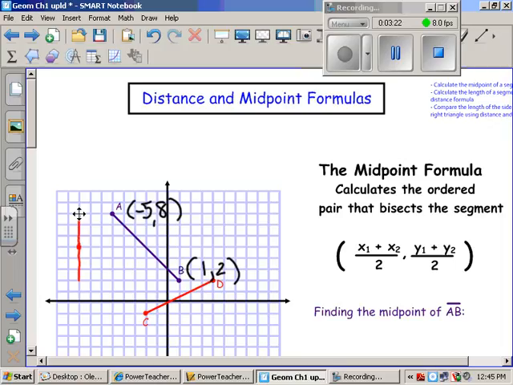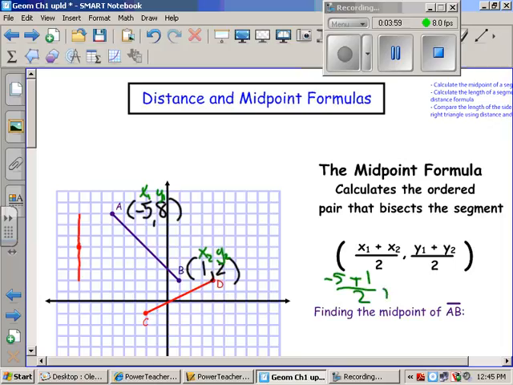Does that make sense? Okay, so if it helps, you can label this x1, y1, and this x2, y2. You don't have to label them, but if it helps you remember where they go. So x1 is negative 5, x2 is 1, divided by 2, and that's going to give me the middle between my x-coordinates.